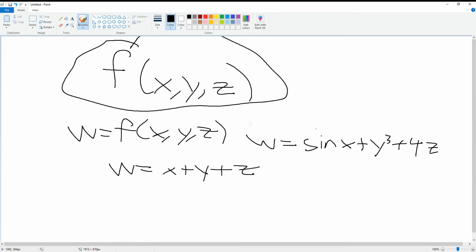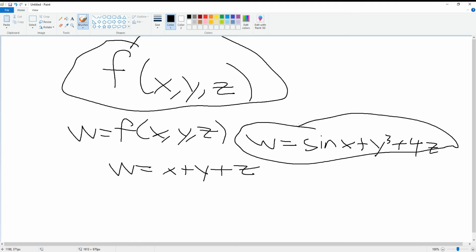Now, this has an integral, or it has to have an integral, because this represents a function. Even though this doesn't represent a rectangular region, it represents some shape.